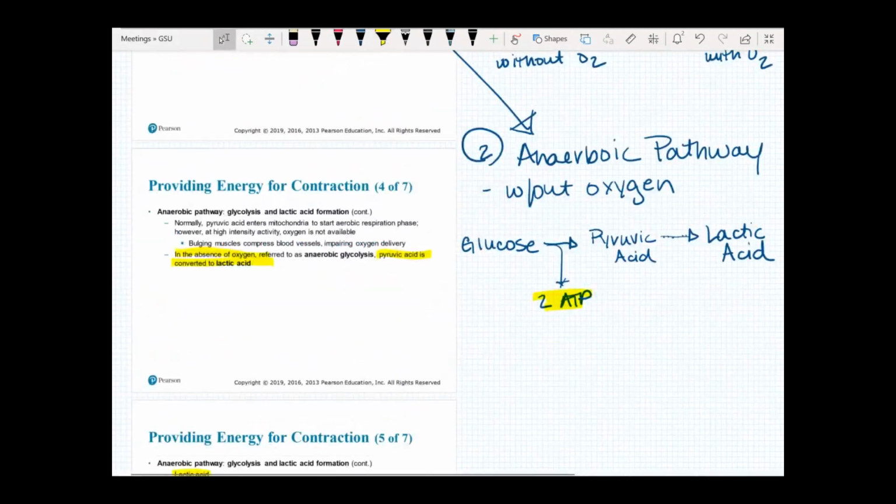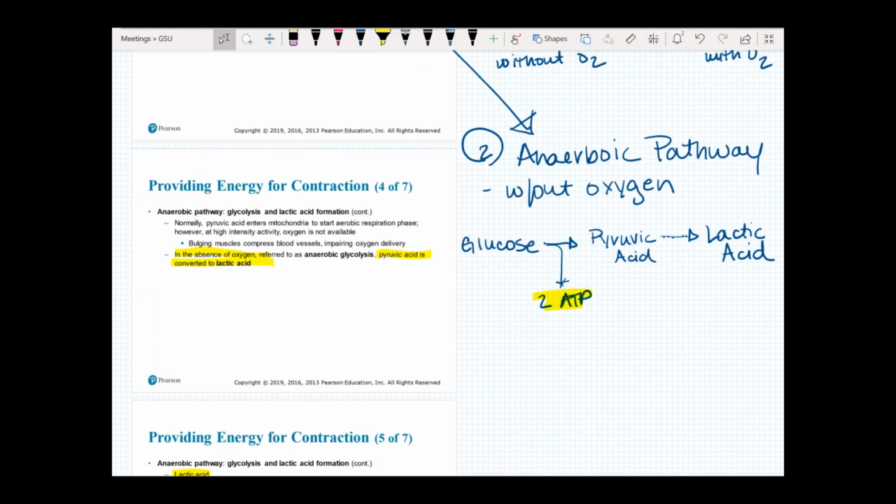When this is happening with this anaerobic pathway and we're converting lactic acid, it will happen with maximal contraction, you're going to get bulging muscles. Think about when you would use the anaerobic pathway when you don't have oxygen. This is going to be more of a weightlifter who is lifting large weights in the gym. Their muscles are contracting.